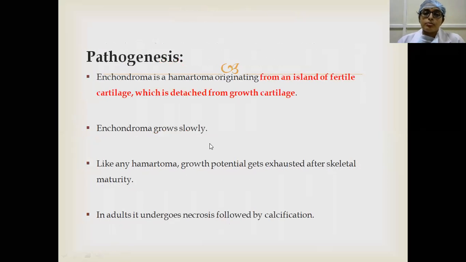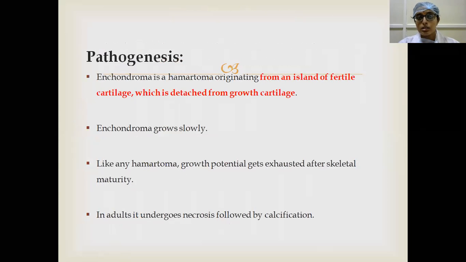So coming to the pathogenesis, enchondroma is a hamartoma originating from an island of fertile cartilage which is detached from the growth cartilage. Previously we saw osteochondroma, where there is herniation of the physeal cartilage through the perichondrium, which leads to the development of a stalk.